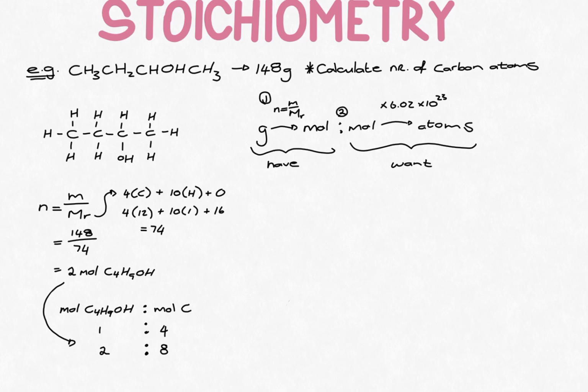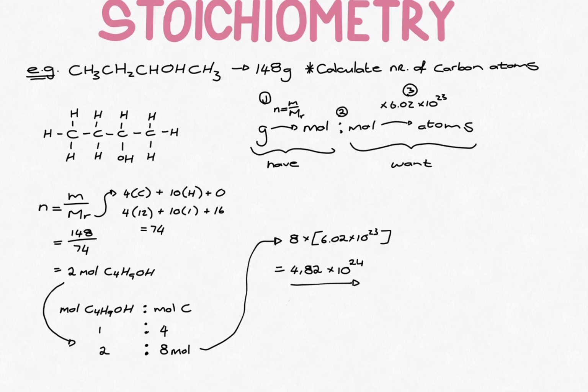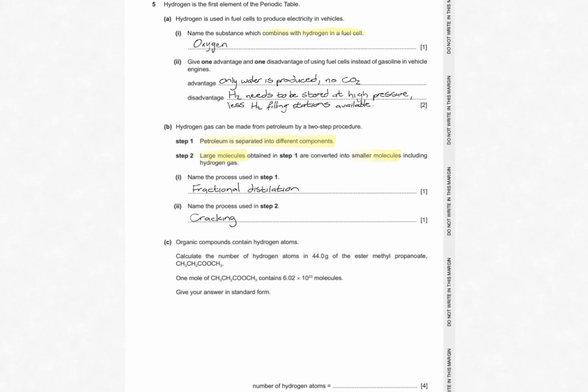We're then going to move to step 3, where we go from moles to atoms. We take our 8 moles and multiply it by Avogadro's constant of 6.02 times 10 to the power of 23. This gives us a total number of atoms of 4.82 times 10 to the power of 24. So now we can start with our actual question.